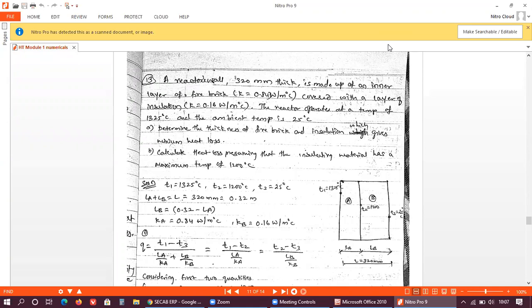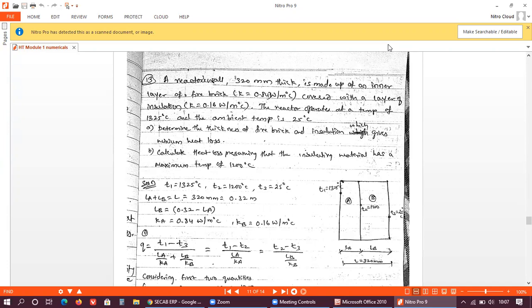After that, there is one more insulation layer, and its thermal conductivity is 0.16 watt per meter degree Celsius.